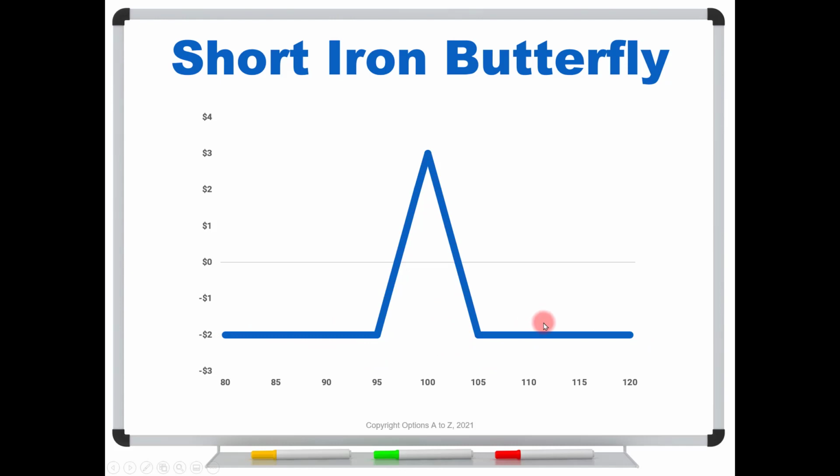Of course, today our graph is going to look like this. And as we get towards expiration, really on the earnings announcement, this red curve is going to jump pretty close to that blue. So it's really more of a binary event. We're putting this on before the earnings and waiting for it to completely collapse on the expiration graph in a very short time. So that's the short iron butterfly.